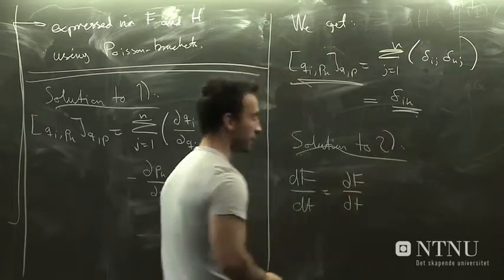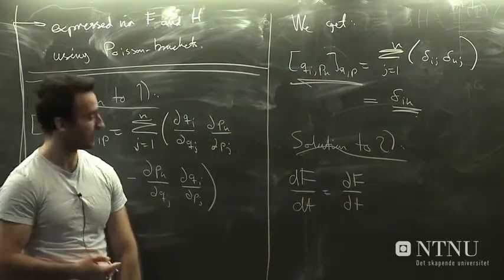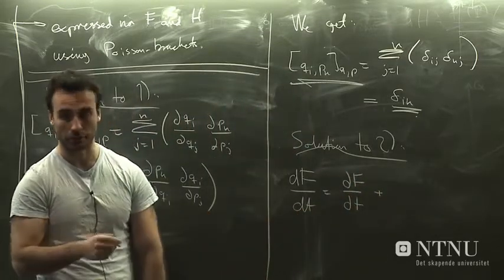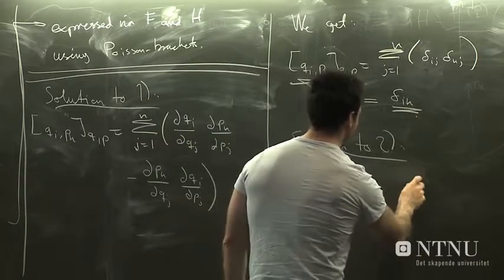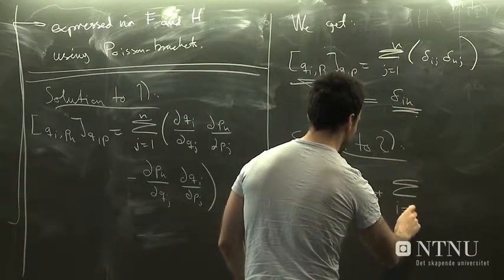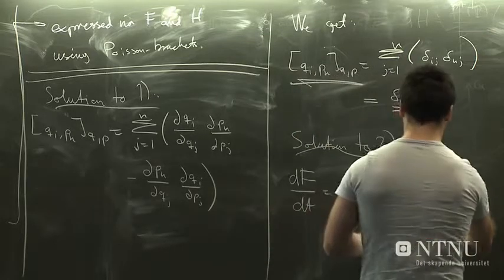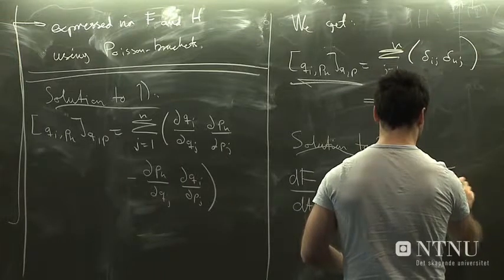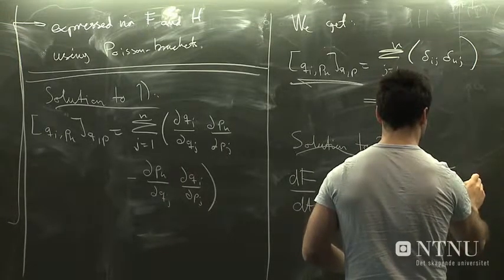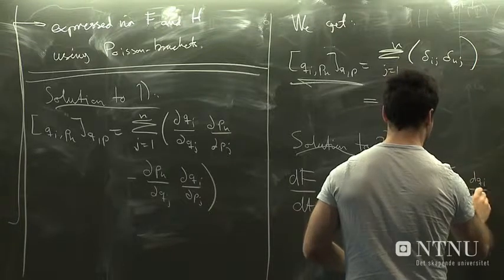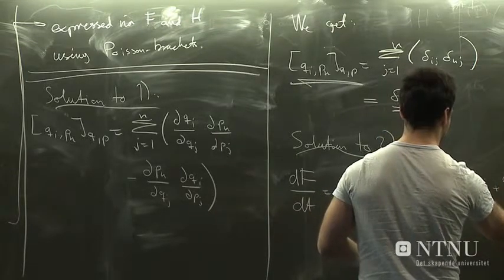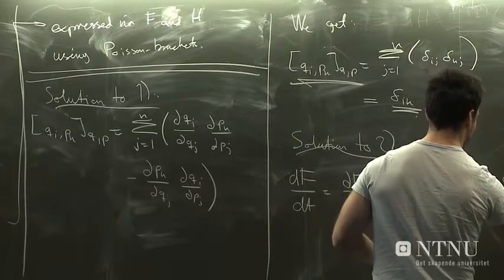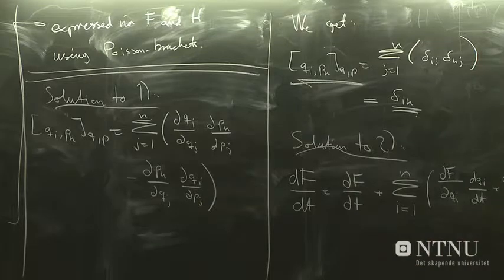So we have partial derivative first with respect to t, and then we know that f depends on p and q, so we should expand it. That should be a sum. Do you mean like this? Yes.